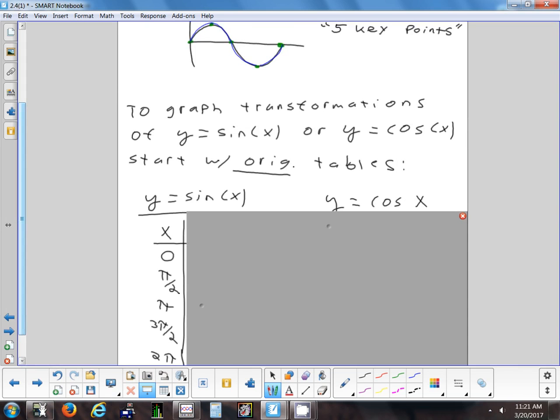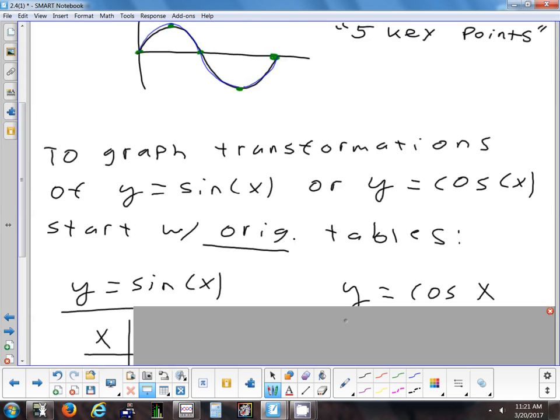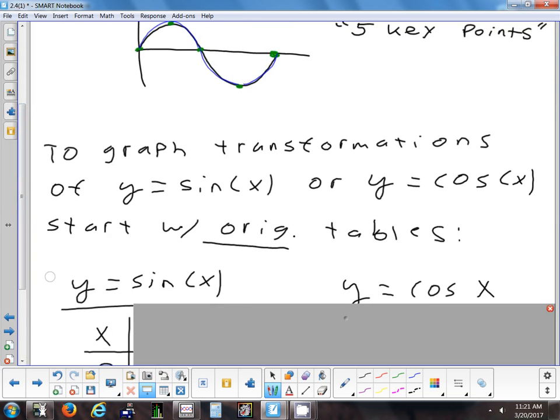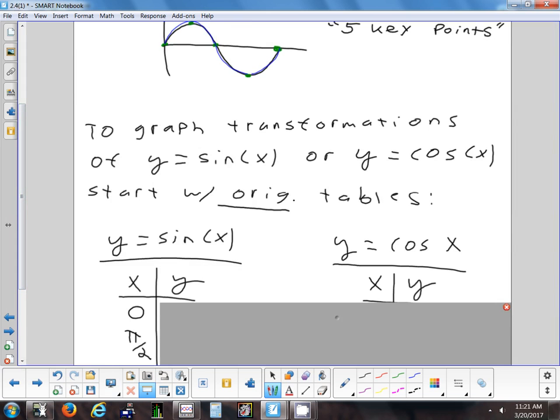Okay. So I want you to look at this graph when x is 0. Dave, looking at this graph, when we're at 0 for x, what's the y value? 0. Yeah, it's also 0. Let me make it a little bigger. Okay, so it's 0. Don't worry about cosine yet. We'll do that one after.